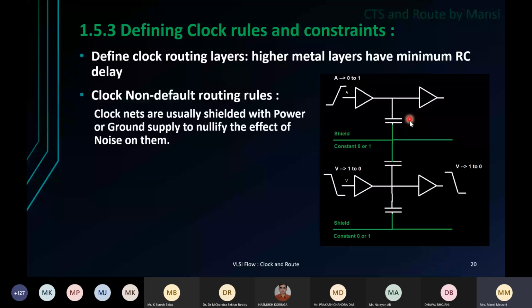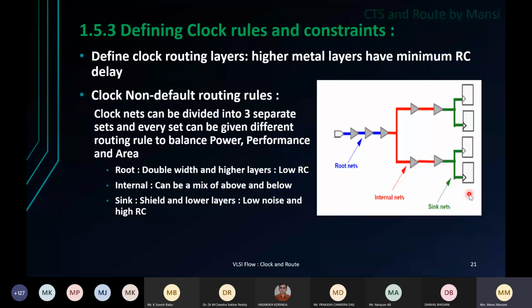It will get coupled with either constant 0 or constant 1. And what happens when we do that? It will just stabilize the signal, and it will not let any of the environmental other wire changes affect this clock signal. And victim will ideally transition from 1 to 0 without any noise. So this is called clock non-default routing rule.